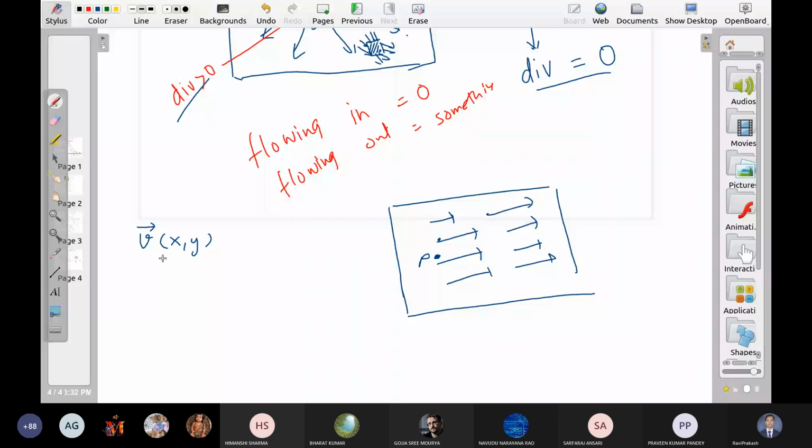And as we go a little bit further, let us say velocity here is this. So this is the field.